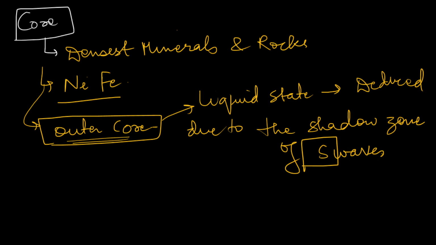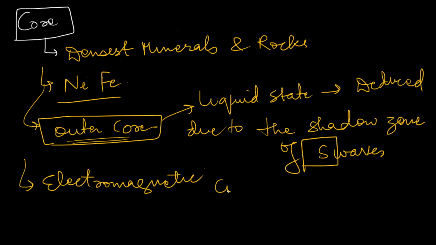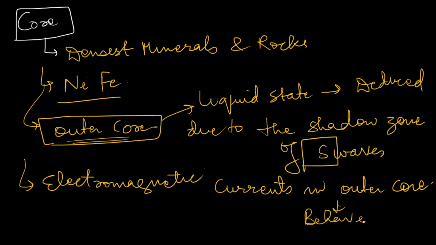Similarly, you will also find electromagnetic currents in the outer core. They let our Earth behave like a bar magnet.